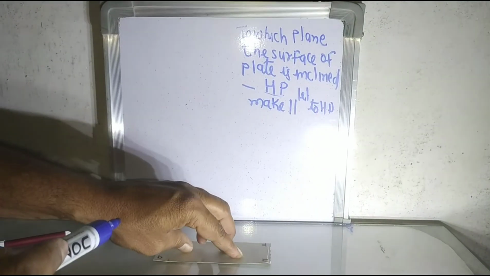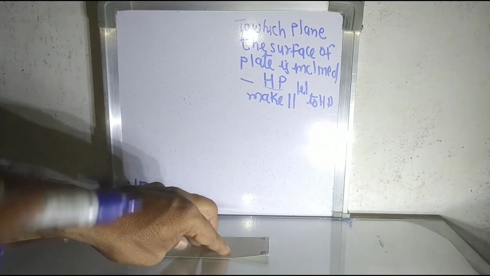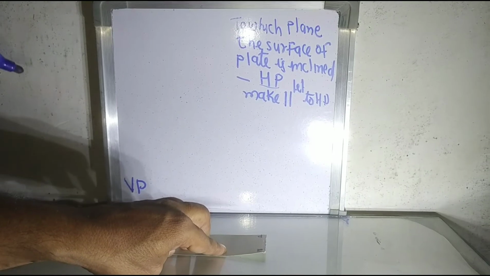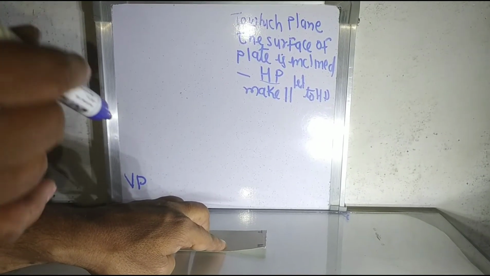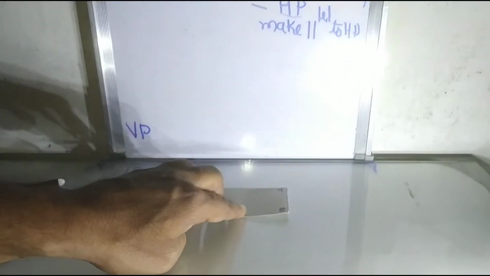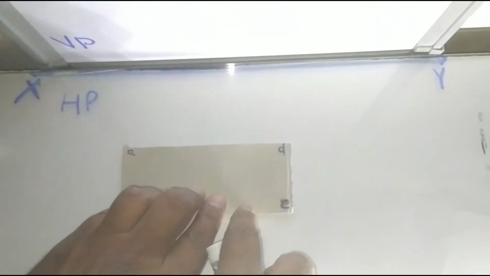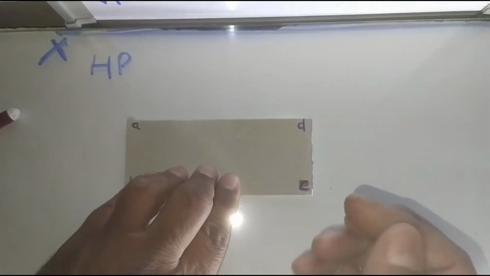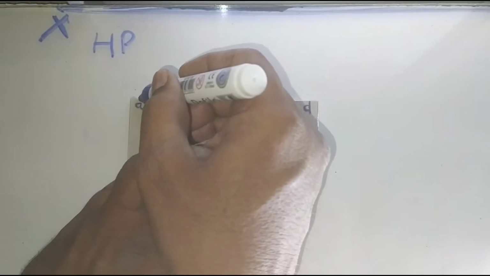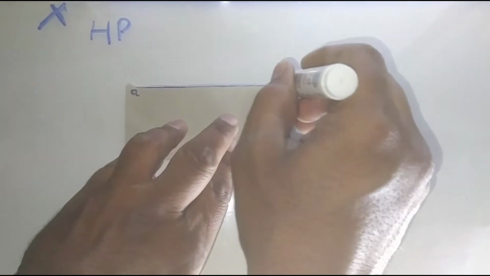Now, where do we observe the actual rectangle, on HP or VP? We observe it in HP. That is the top view. So I will draw the rectangle here in the top view.